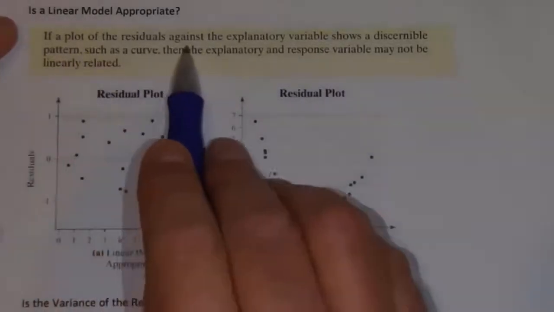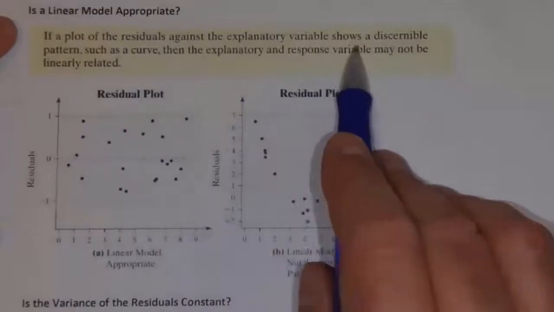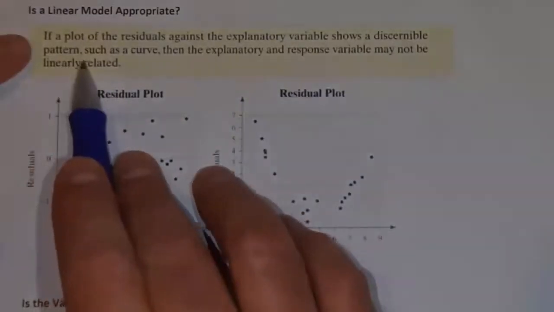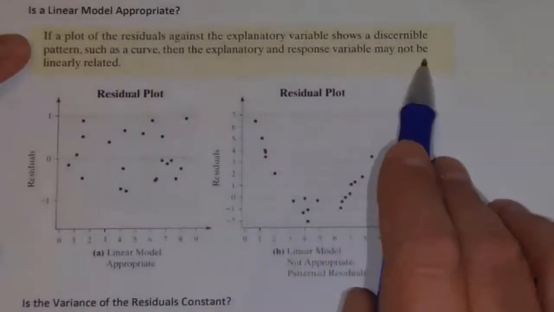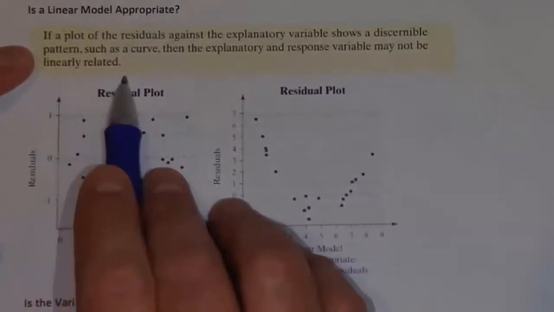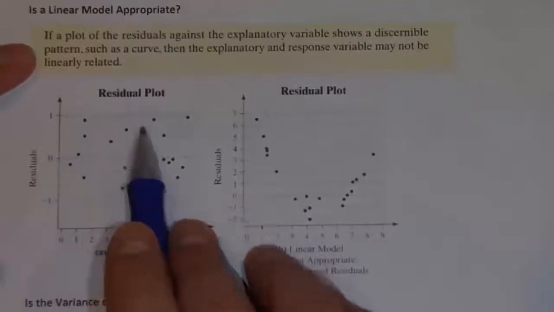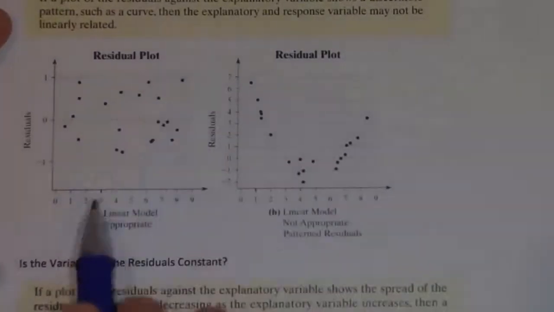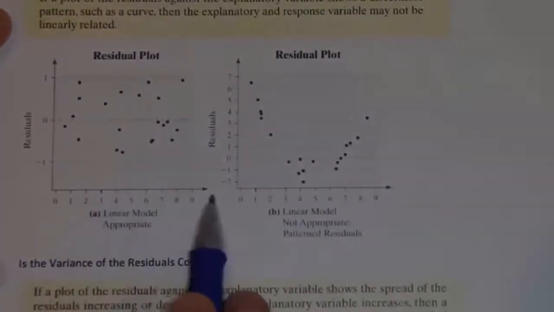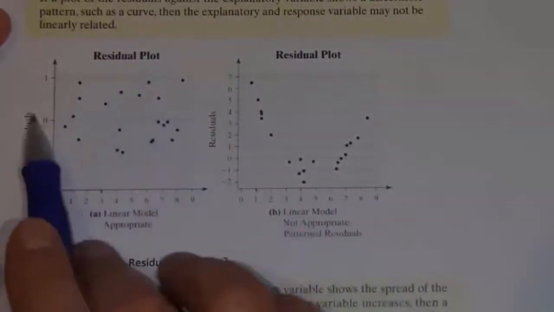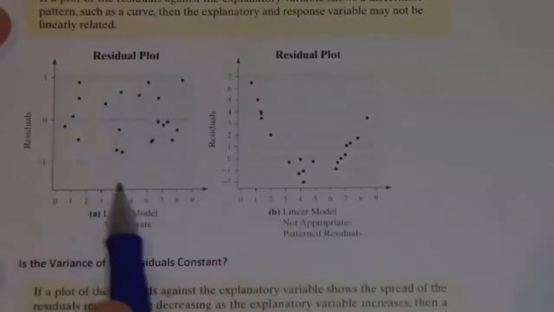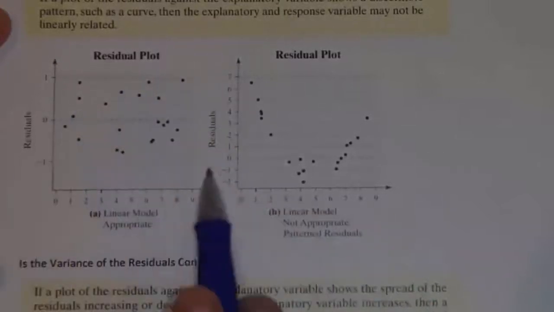If a plot of the residuals against the explanatory variable shows a discernible pattern, such as a curve, then the explanatory and response variable may not be linearly related. In other words, if I have my x's along the horizontal axis and the residuals on the vertical axis, what I want to see in that residual plot is something like this: no pattern.